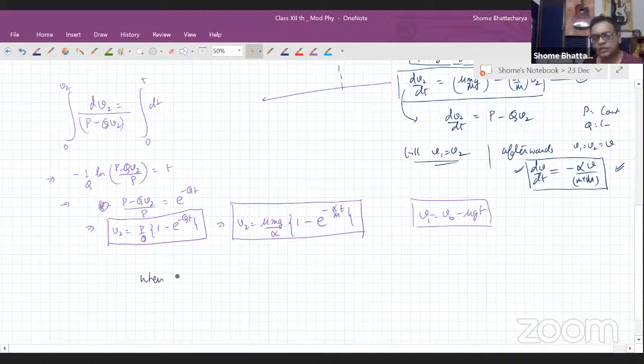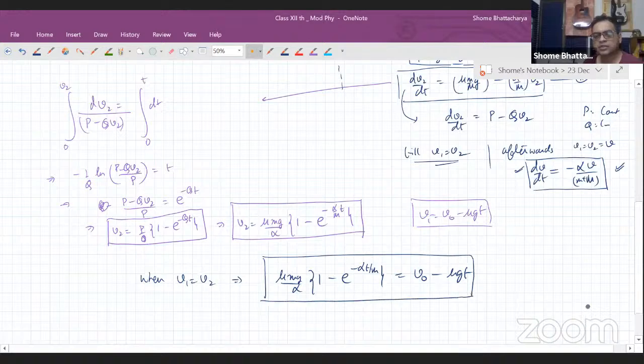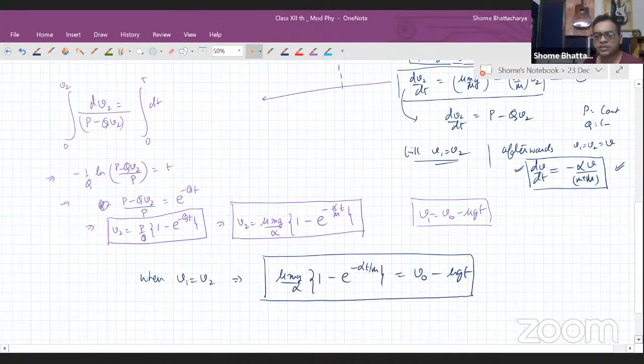So when v1 becomes equal to v2, this term will become equal to v naught minus mu g t. Now this equation is not something simple to solve. We cannot really solve it that easily because it is a transcendental kind of equation.